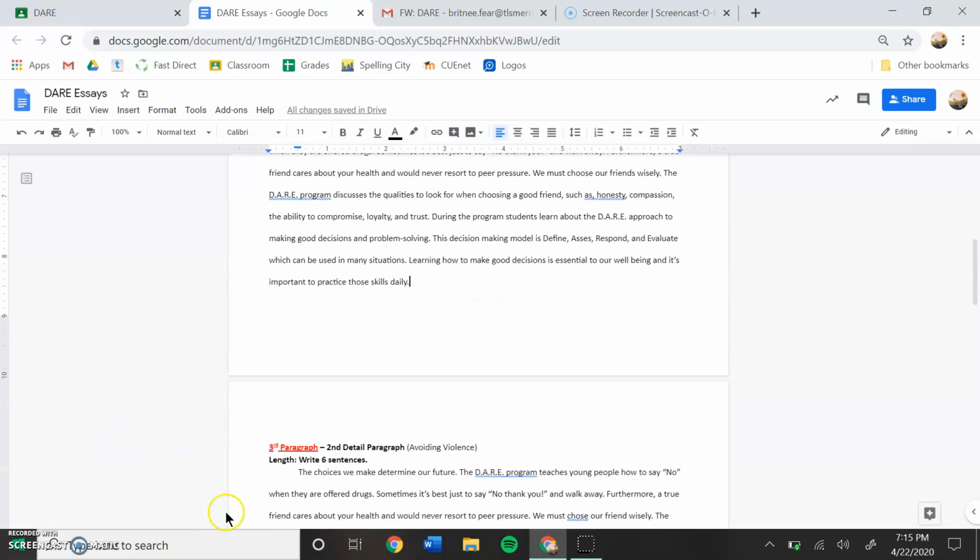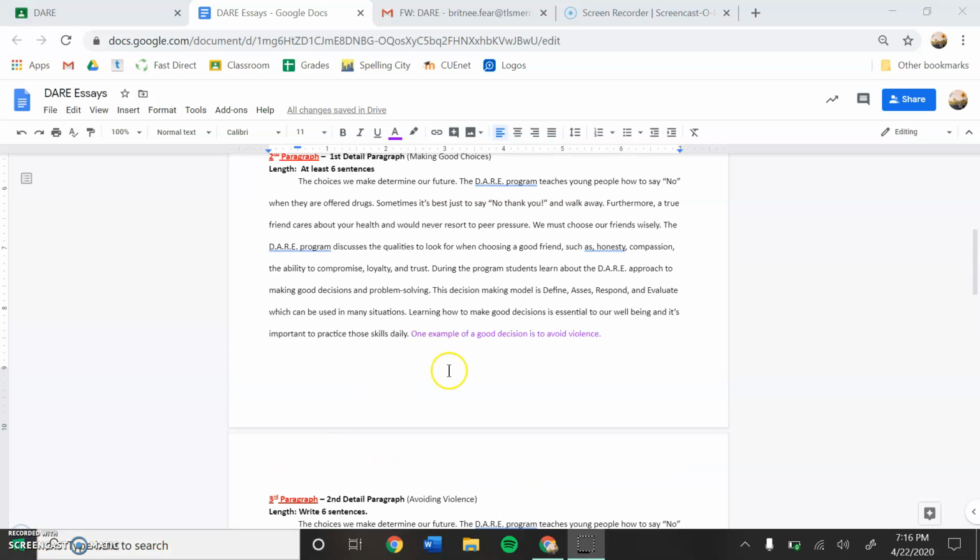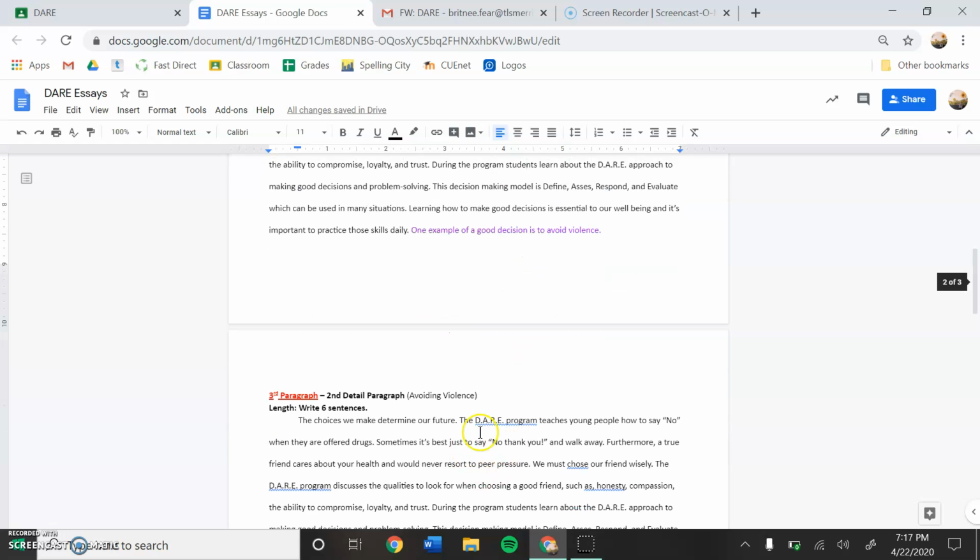So for example, you could put something like, one example of a good decision is to avoid violence. So right here, I'm already talking about making good decisions. I know that avoiding violence is technically making a good decision. So I'm just going to combine those two things together and say one example of a good decision is to avoid violence. And right there, I'm setting the stage into my next paragraph.